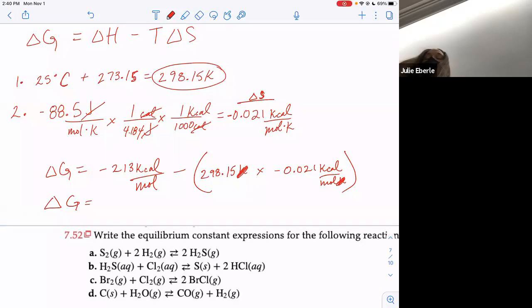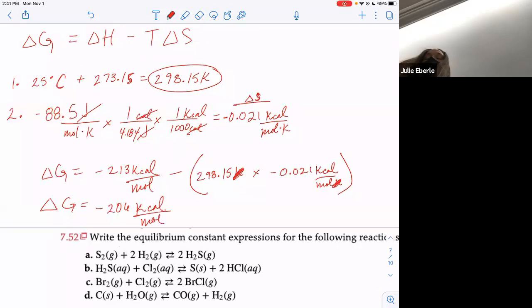I know some of y'all got it. Y'all just looking at me. Candace, what'd you get? I saw you punching it in. Negative 206. Is that right? Kcal per mole. Okay, there's no surprise here. You're going to have to solve for delta G on the exam.